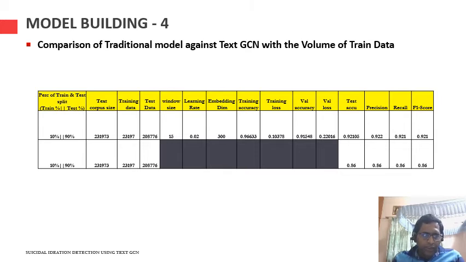Whereas in the logistic regression with 10% training data and 90% test data, we were able to see accuracy only up to 86%, and precision also being 86%, and the same goes for recall and F1 score.